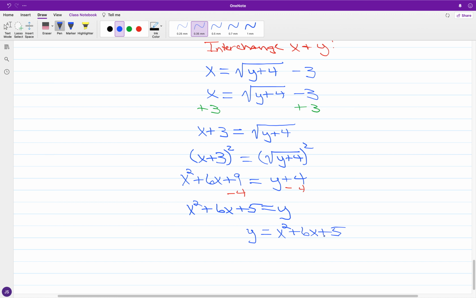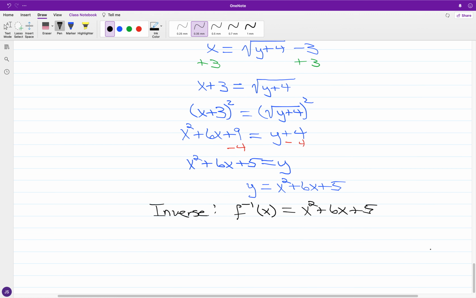So you have that y is equal to x squared plus 6x plus 5, and if I put it in inverse terms, you have the inverse of f of x is equal to x squared plus 6x plus 5. So that will be your inverse function.